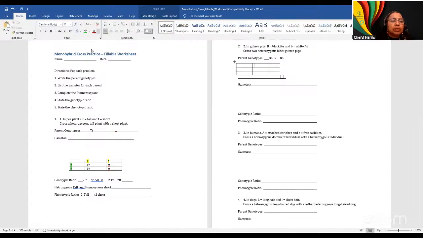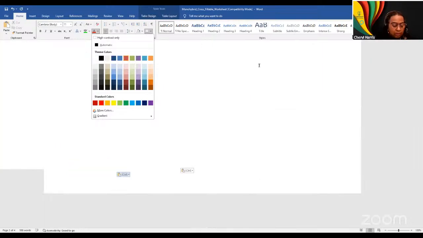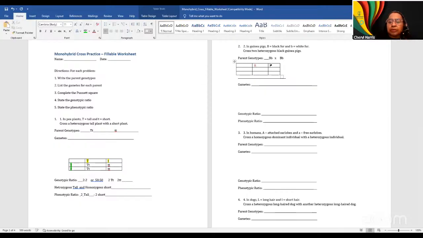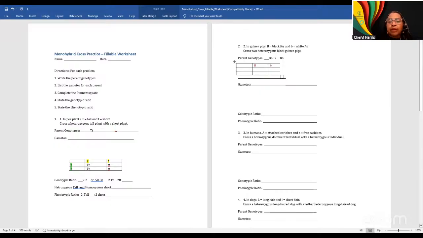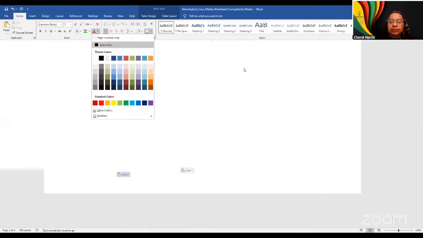So that's what you should do. Just make your font colors a different color. And for this side, we're going to make the font a different color, and that will identify our gametes on the other side.